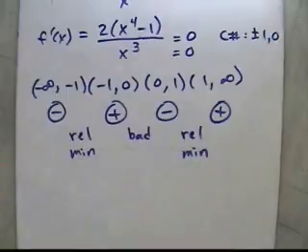Bad. Why is it bad? It's a good question. Think about why it's bad while I type it in here real quick. Zero was the spot where it was undefined, right? What are the stipulations on the relative min, relative max, increasing, decreasing, first derivative test?